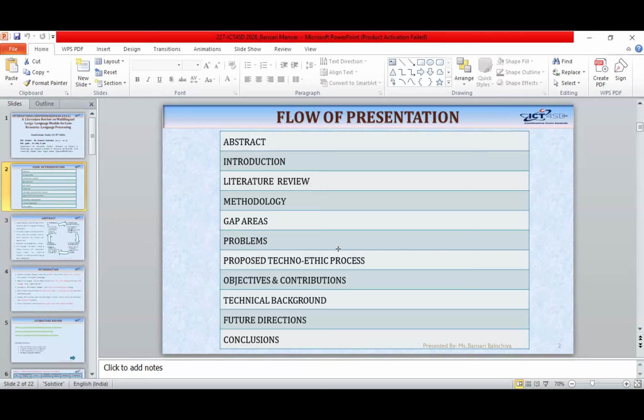Proposed techno-ethical process. Bansuri, you are not audible. Hello. Hello, Miss Bansuri, you are not audible. Just a second, sir. Can I be audible, sir?